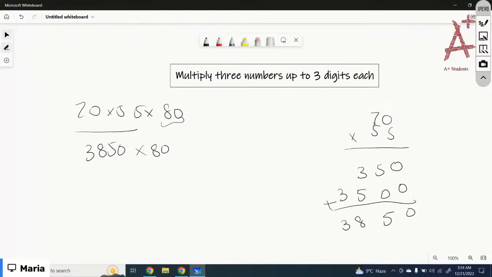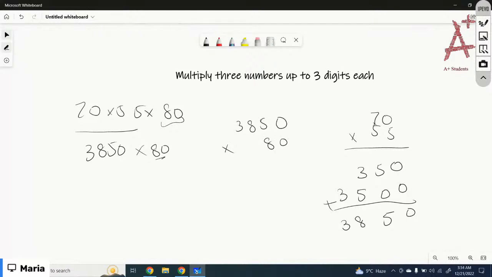We are left with multiplying that number by 80. So just multiply the product of 70 times 55 with 80. So just do 3850 times 80. Remove the zeros, just multiply the non-zero numbers.